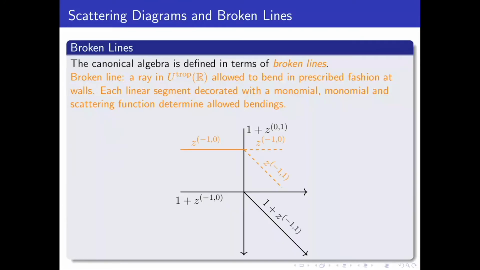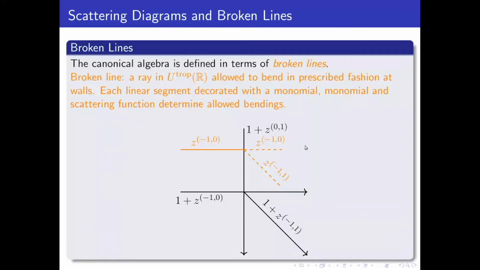So here's an example. If we start off in the -1, 0 direction here and come in and hit this wall, this monomial, z to the -1, 0, and this scattering function, z to the 0, 1, determine how this ray is allowed to bend. It can either go straight or bend down this way.